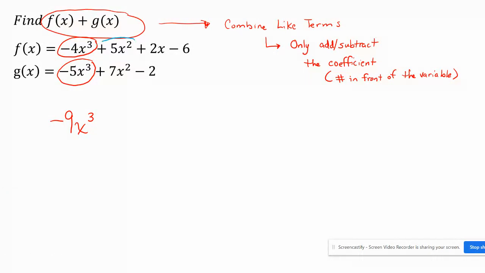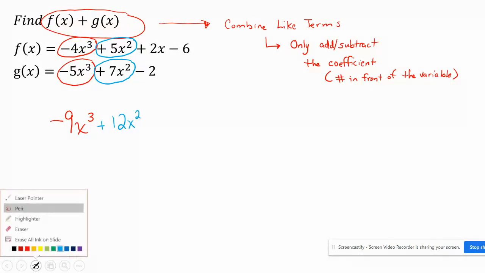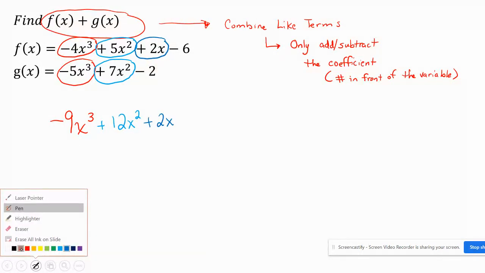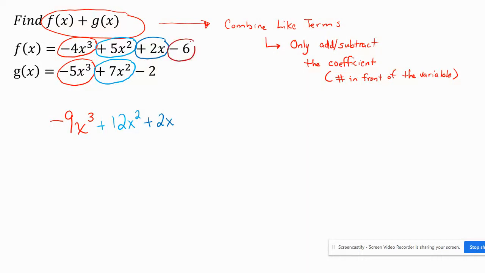The next one is positive 5x squared plus 7x squared, so that would be a positive 12x squared. The next one is just positive 2x, which is not combined with anything. That's just 2x. And then the last is, of course, the two numbers at the end. Negative 6 minus 2 is a total of negative 8.